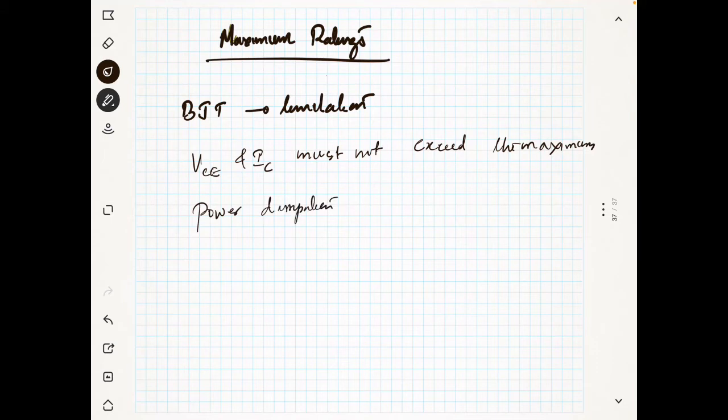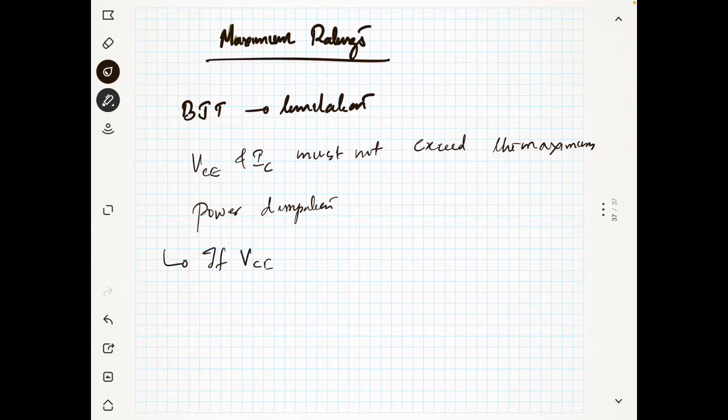If you give a higher voltage or current across the BJT that it cannot withstand, or it goes beyond its maximum ratings, then what will happen? It will get damaged.